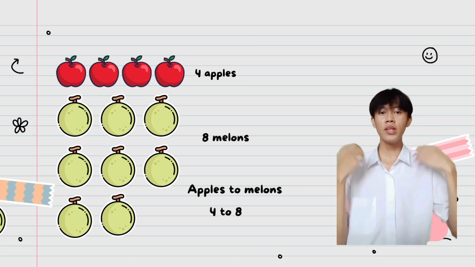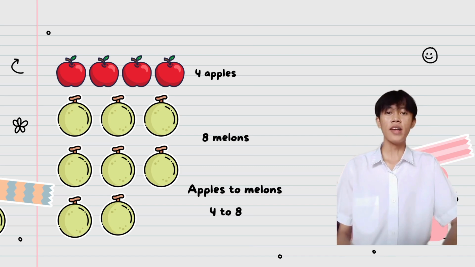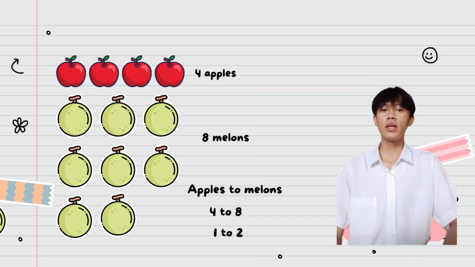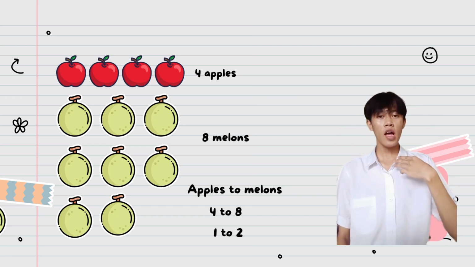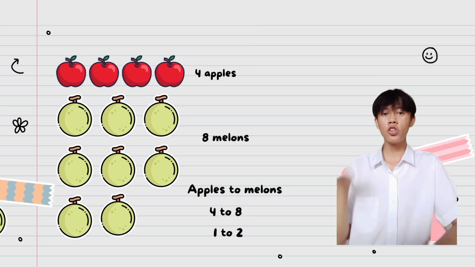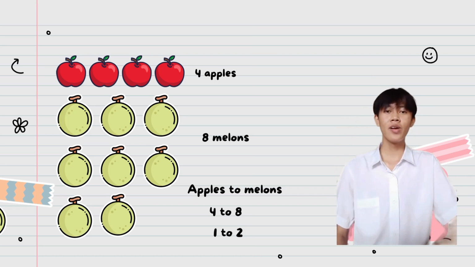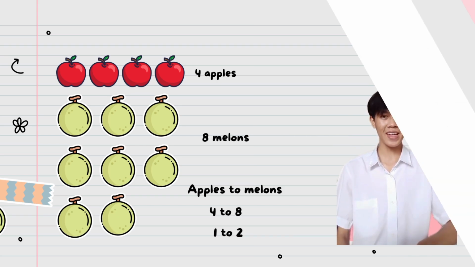So now I have something that has some meaning. If I say the ratio of apples to melons is 1 to 2, then you could think in your head, even if you didn't have a picture, that I have 1 apple for every 2 melons. So it becomes clear what the relationship is between apples and melons.